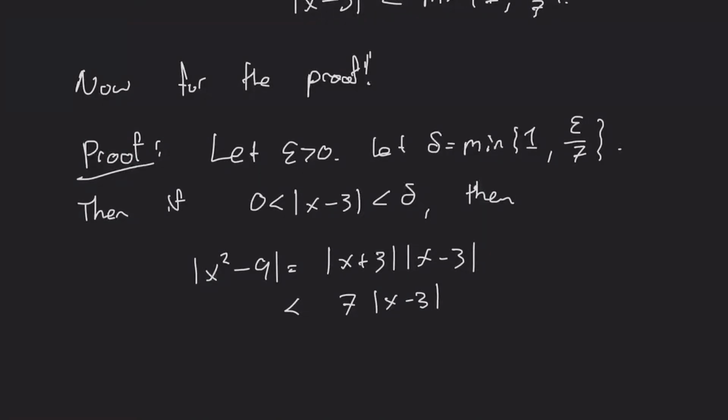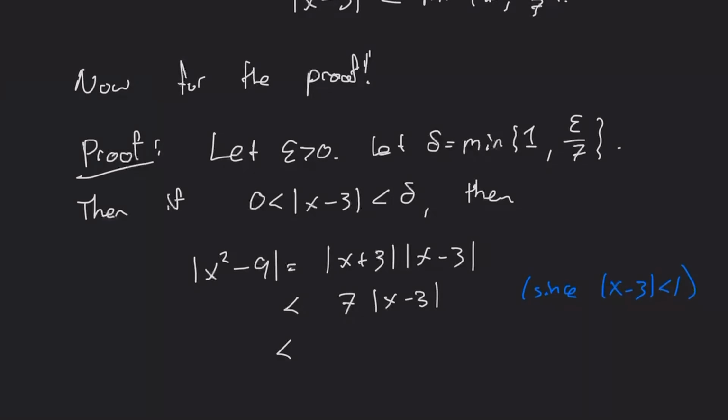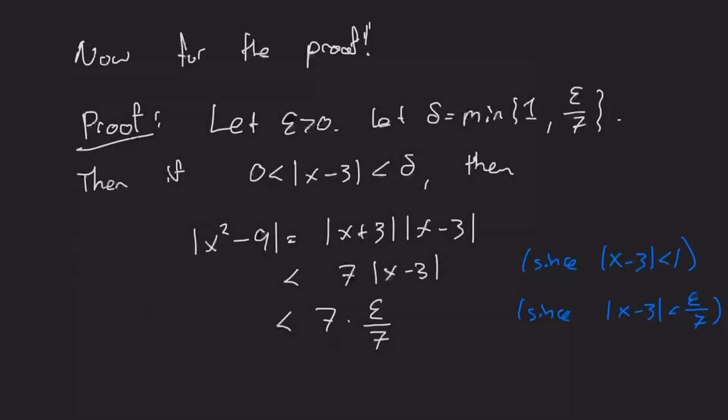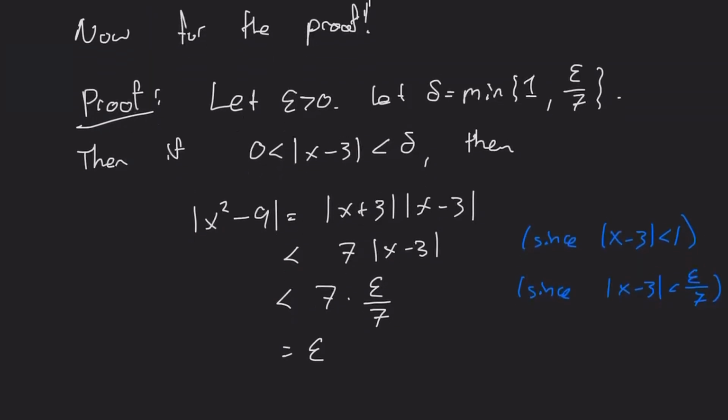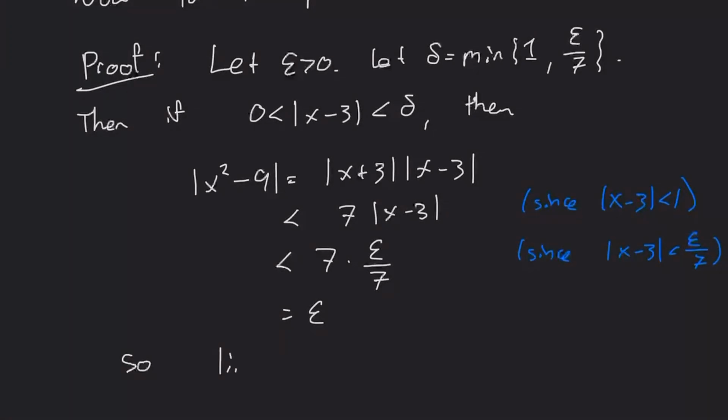We saw above that that's because x minus 3 is less than 1. But that's also less than 7 times epsilon over 7 because x minus 3 is also less than epsilon over 7. Okay, but that's our epsilon. So that's exactly what we wanted to show. So in other words, the limit as x goes to 3 of x squared is 9. And that's it.